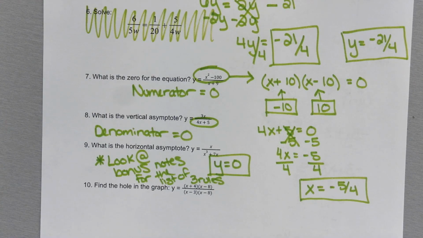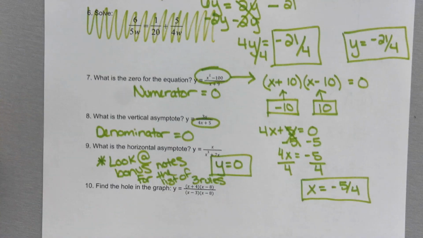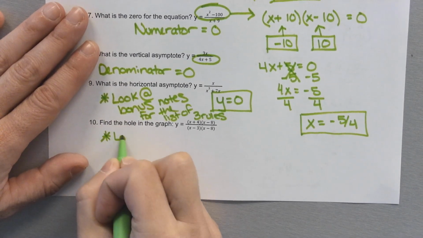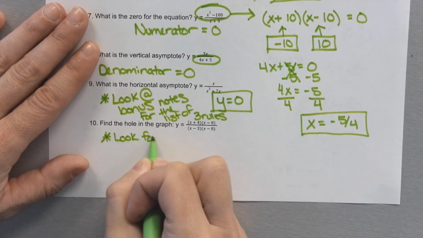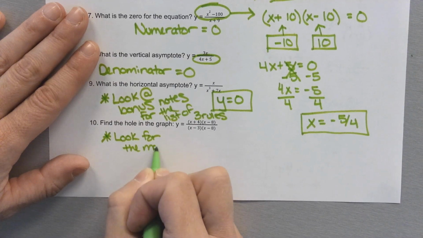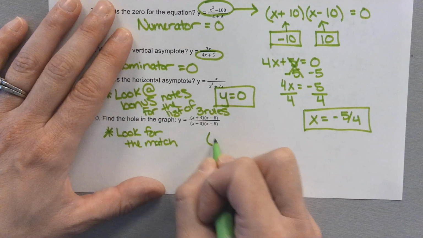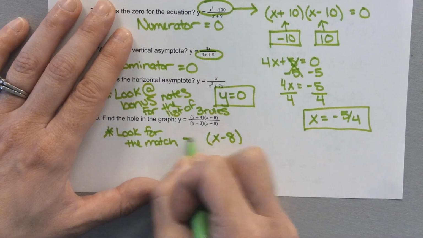All right, number 10, last but not least, we're almost there. This one, we are going to look for the match. That's where the point of discontinuity, or we can also call it a hole, is going to live. So what set of parentheses is a match? X minus 8 is the match.